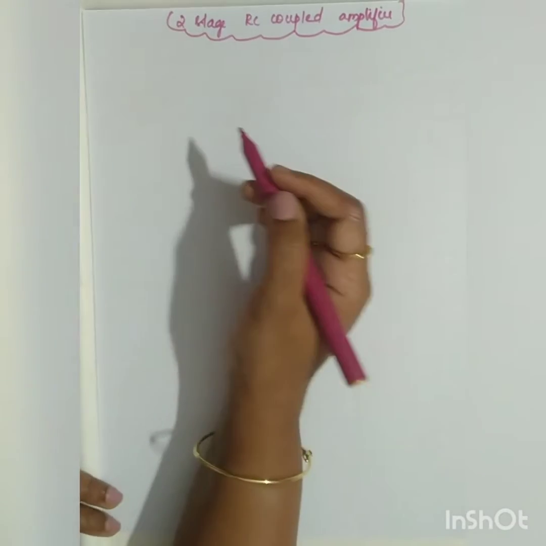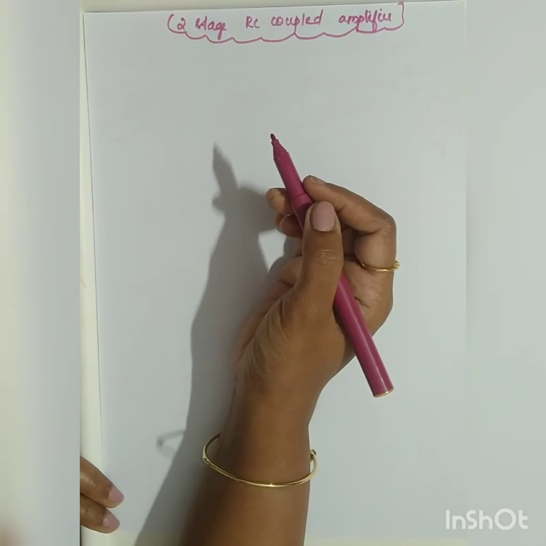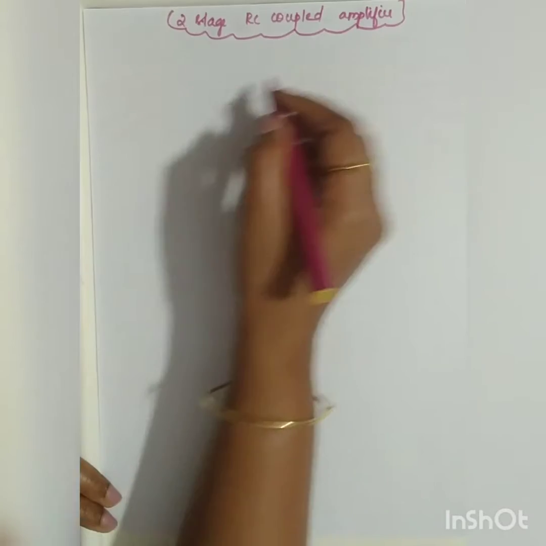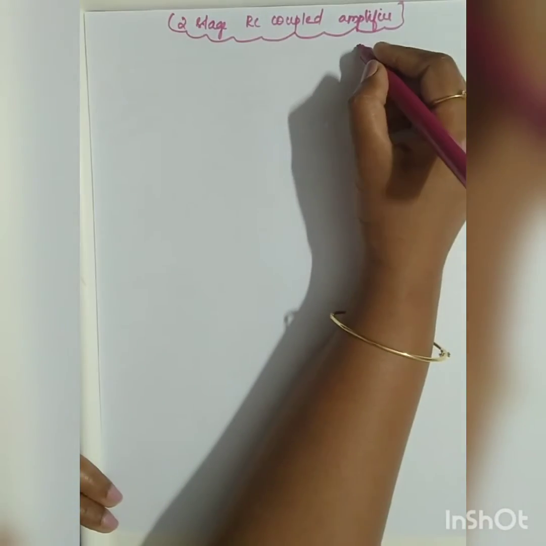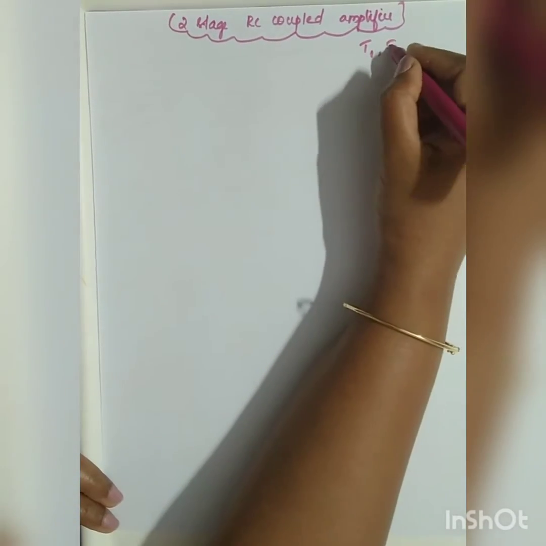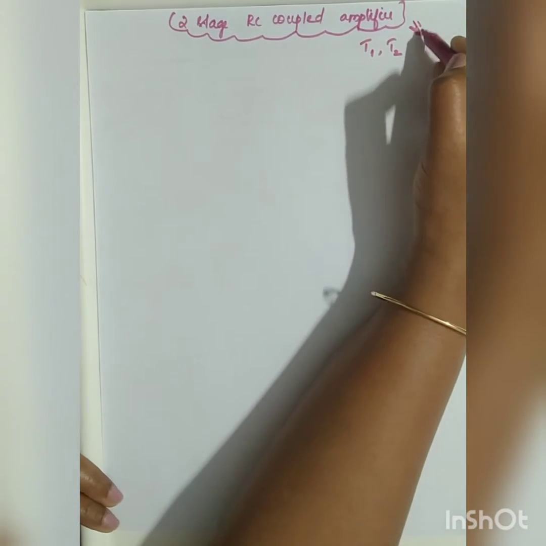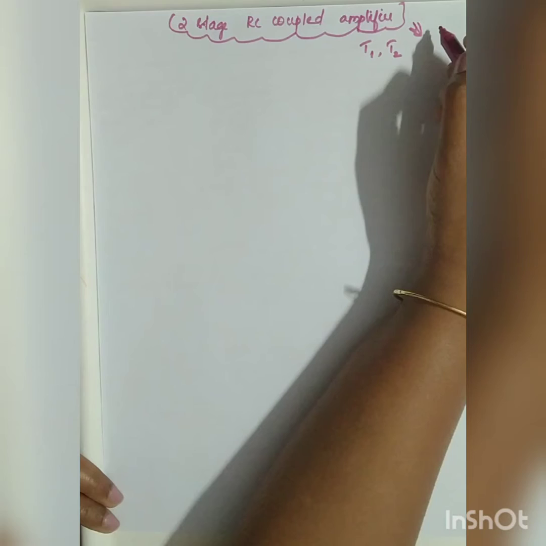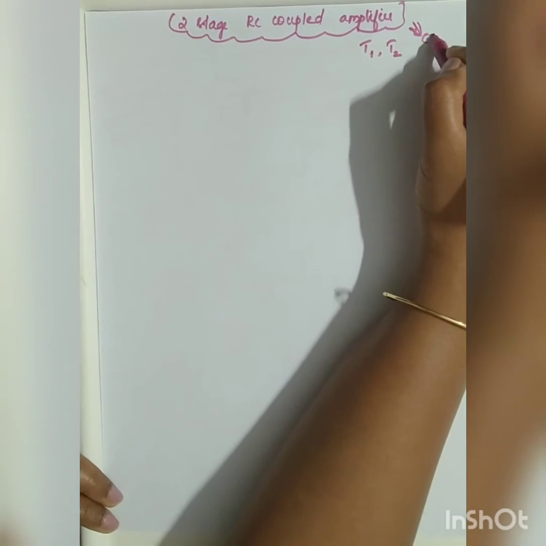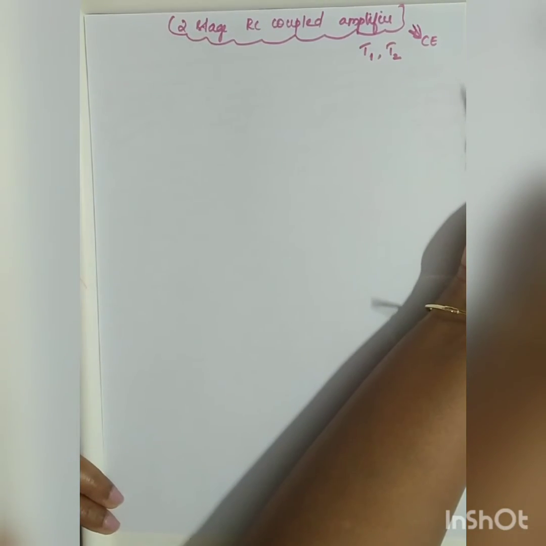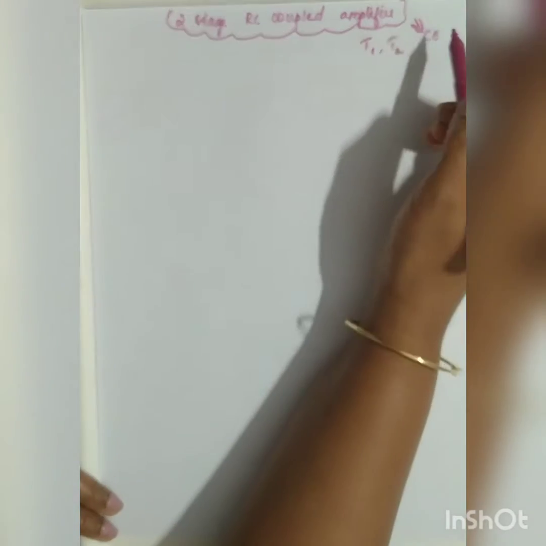So how will you draw the diagram of your 2-stage RC coupled amplifier? So what will be your construction? You will be having 2 transistors T1 and T2. Here the most suitable configuration which is used is a CE configuration, CE amplifier.